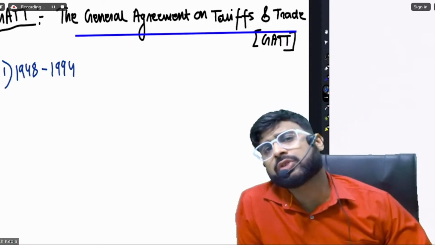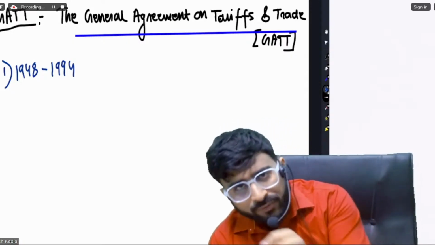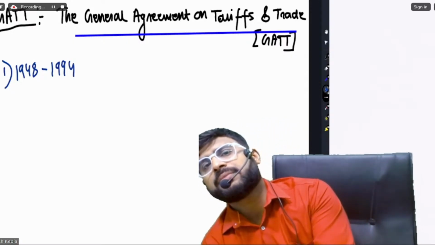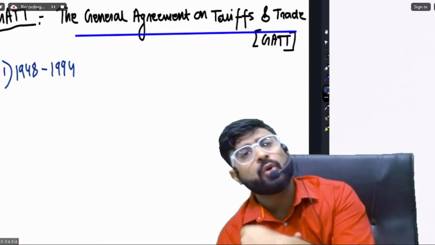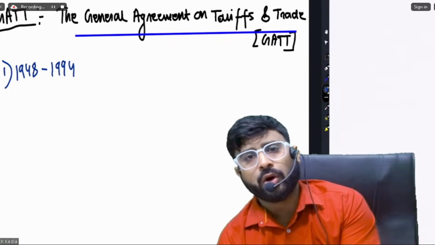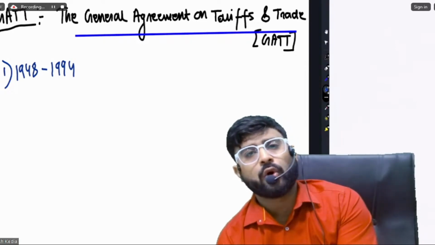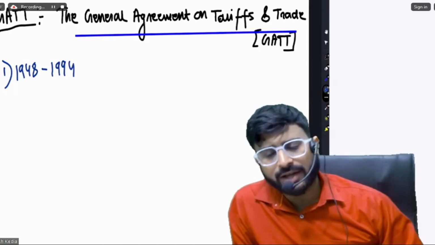See, GATT was formed in 1948. In 1948, most of the countries had recently gained freedom like India, and some countries were still under colonial rule. So the problem here was that there were not many member countries of GATT.